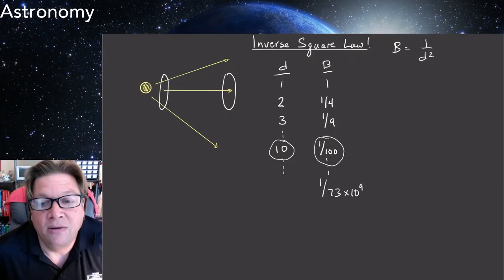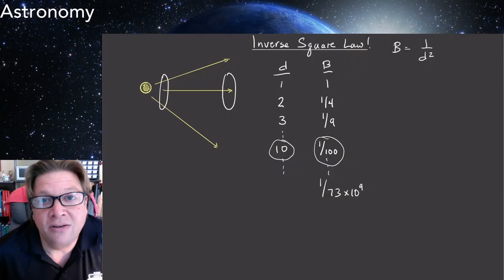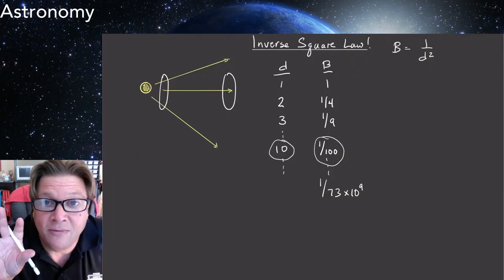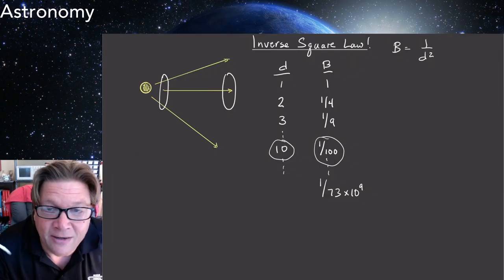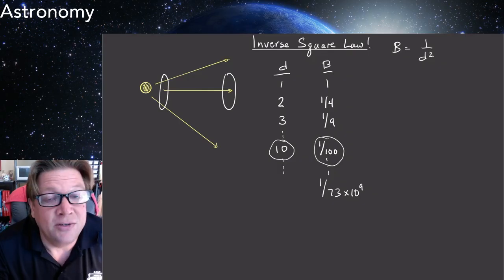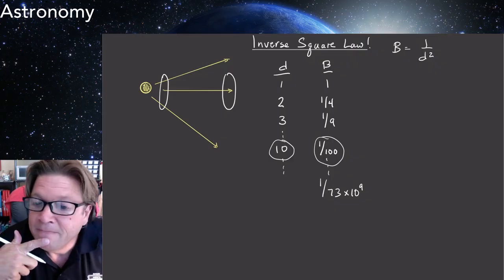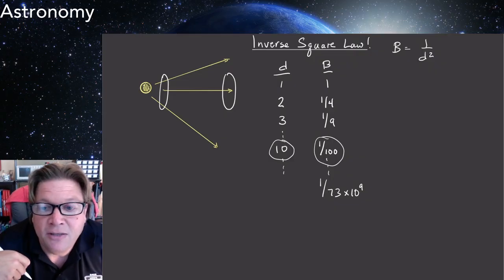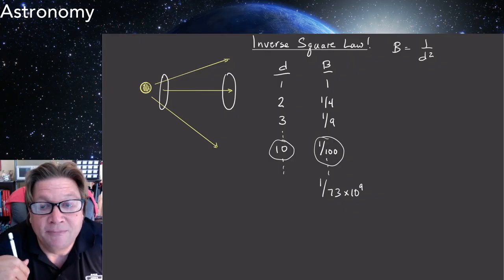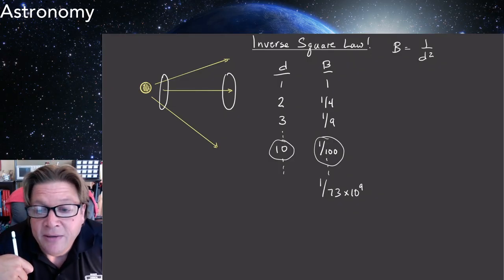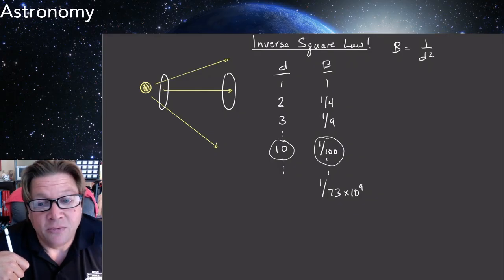It's only 1/73 billionth as bright as the sun. It's a sensitive instrument, but you can measure the starlight coming from Alpha Centauri, and it turns out that it's 73 billion times fainter than the sun.